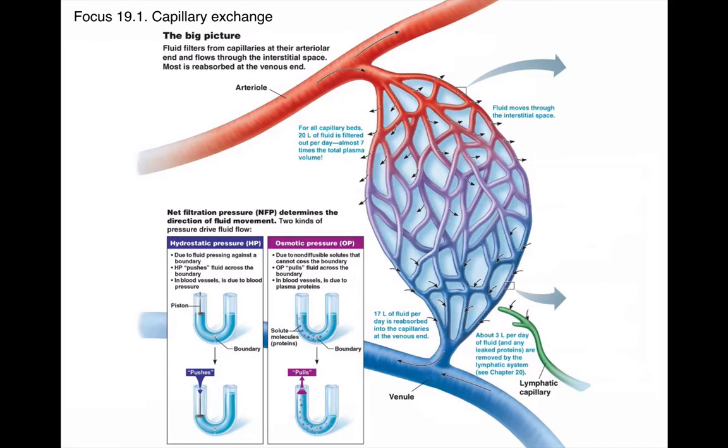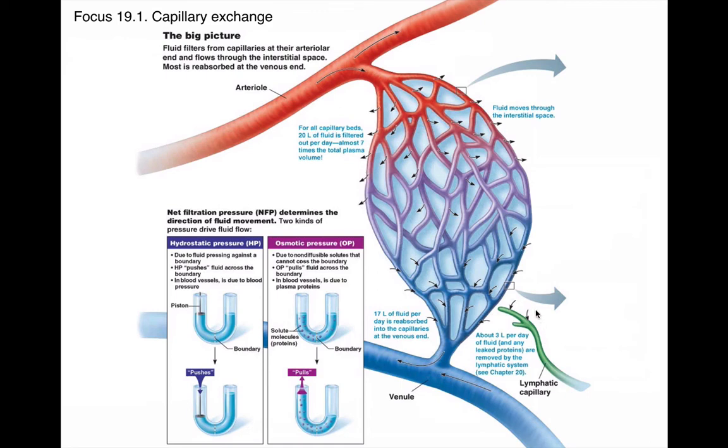If you go back here again, I mentioned before, we see 20 liters of fluid leaving the capillary beds over the course of a day, but only 17 of those liters is getting reabsorbed on the venular side. That extra fluid would stay marooned in the tissue beds if it were not for the lymphatic capillaries that are also there.